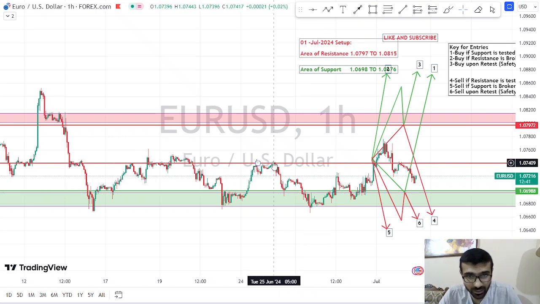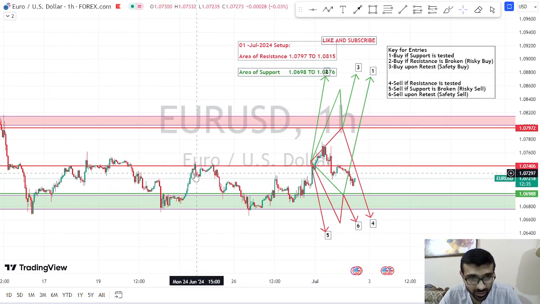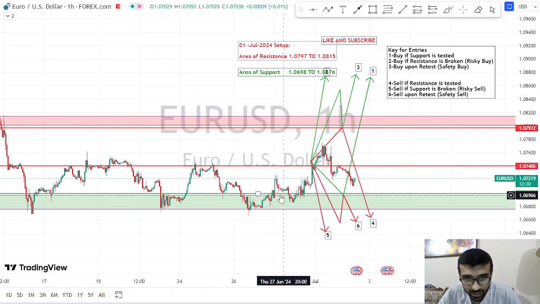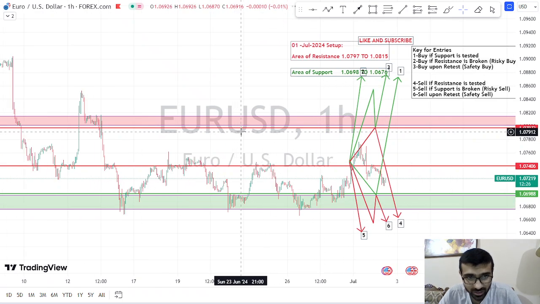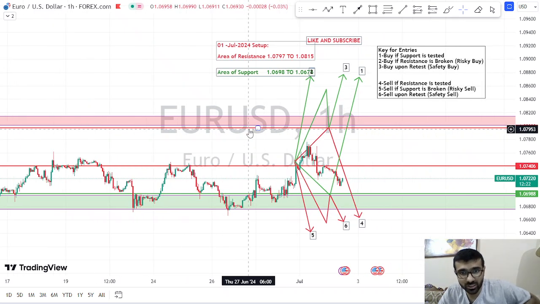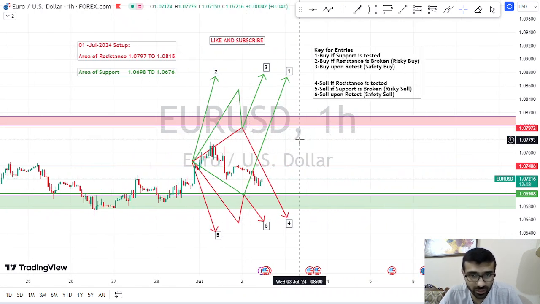But you can see that the market has tried to break past this area and made some new highs over here, or the recent new highs. If the market does not break below this area, and the market breaks above these areas, then maybe we can notice a short-term shift in the trend towards the buying side. But don't worry, we are always ready for every kind of move, so just be vigilant.